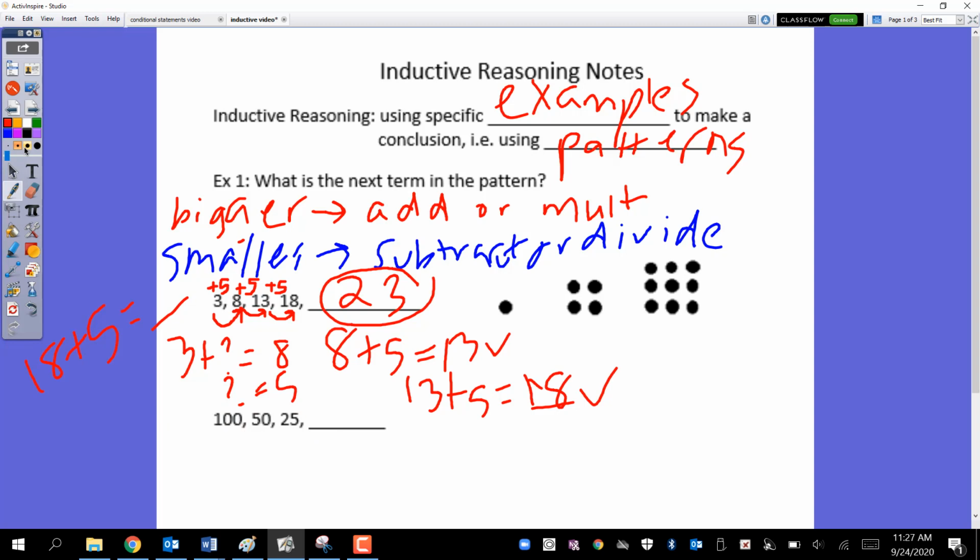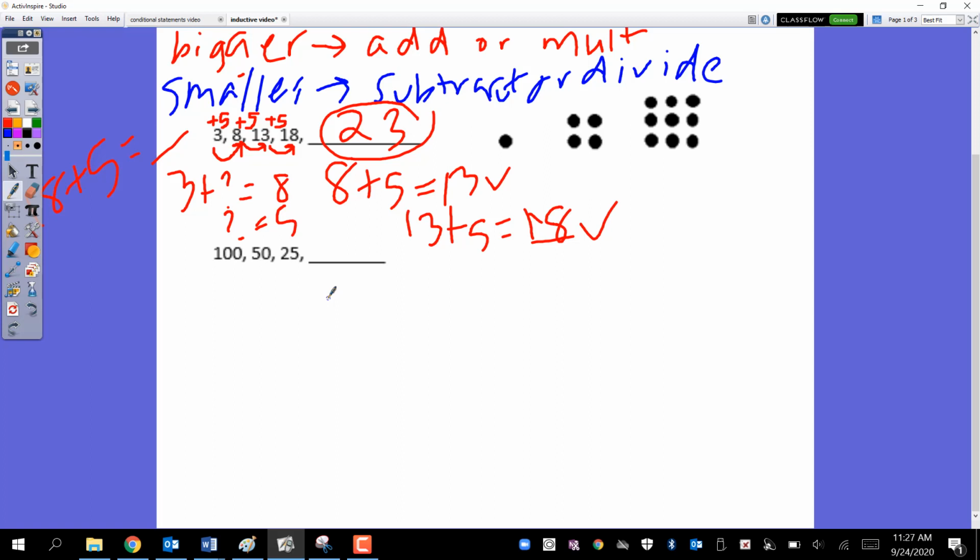If I look at the second example, I can tell from 100 to 50 to 25, the numbers are getting smaller. So that means I'm either subtracting or dividing. Okay, so let's test subtracting. Subtracting would be 100 minus some number is going to give me 50. So what number minus from 100 gives me 50?